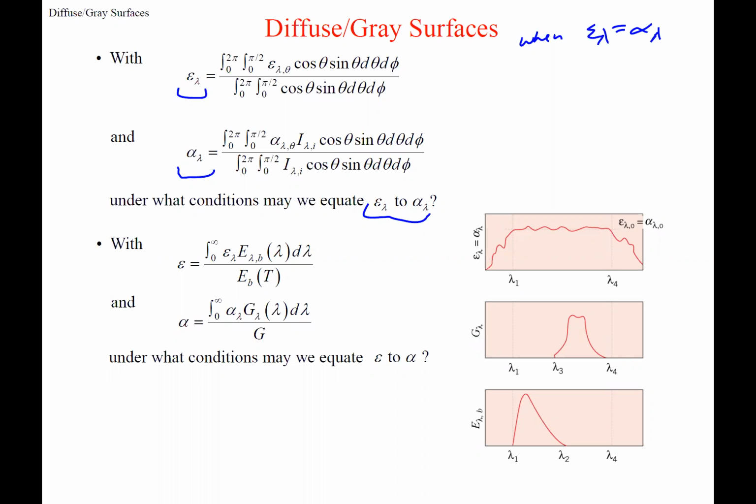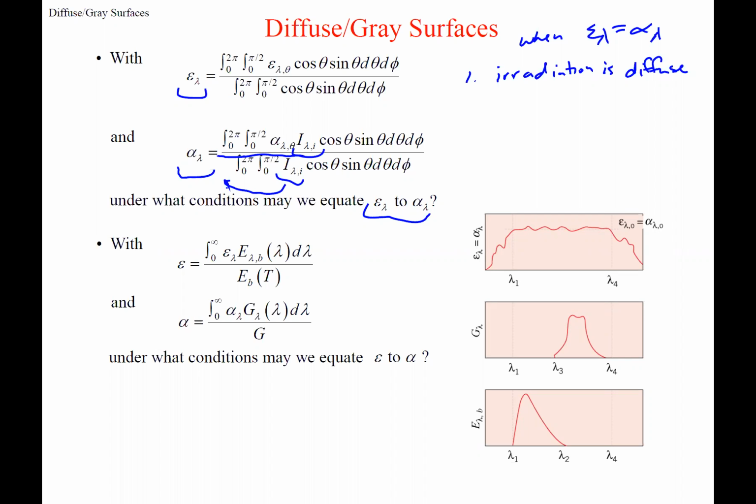So when can we do this? We can do this when, one, the irradiation is diffuse. So that would take this term and pull it out of the integrals. If it's diffuse, it's the same. It doesn't have any directional influence. And if you do that, the equations look the same.